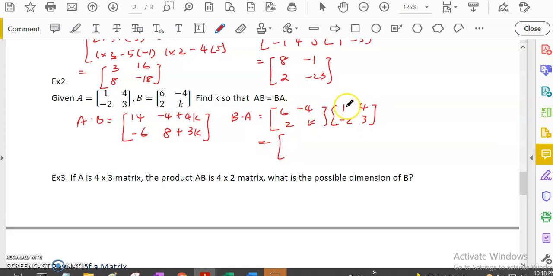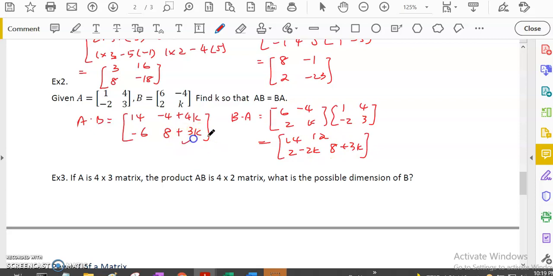So 6 times 1 plus -4 times -2, so that means 14. First row, first column, so 4 times 6 is 24, 24 minus 12 is 12. This times this will be 2 minus 2K. And then the last one will be 2 times 4 is 8 plus 3K.